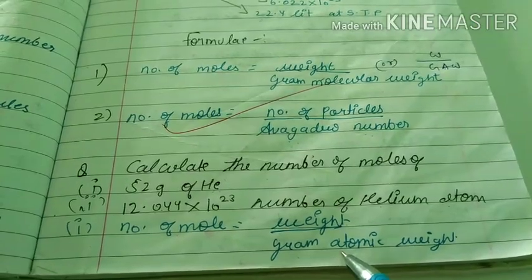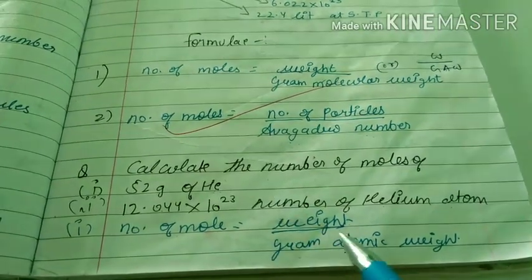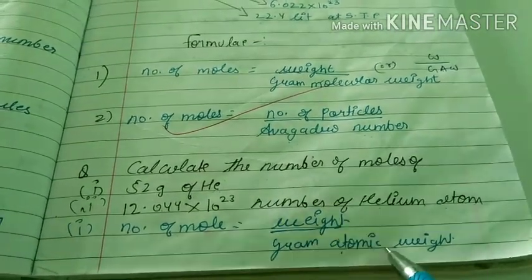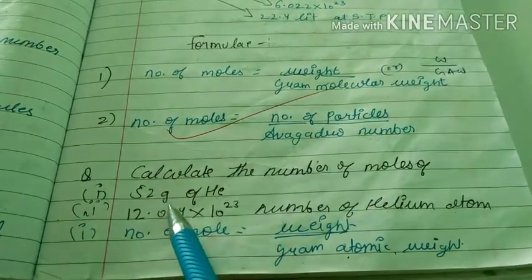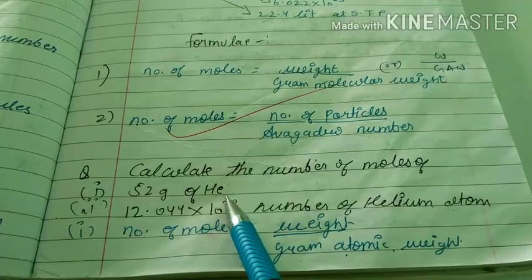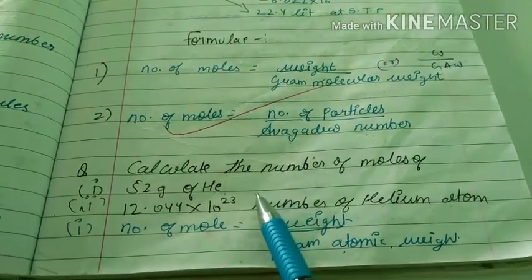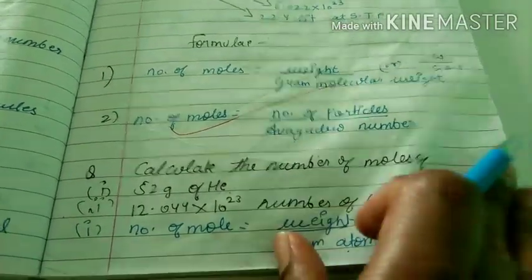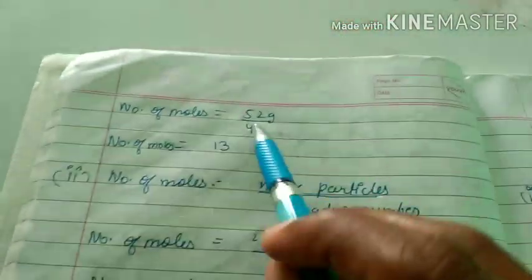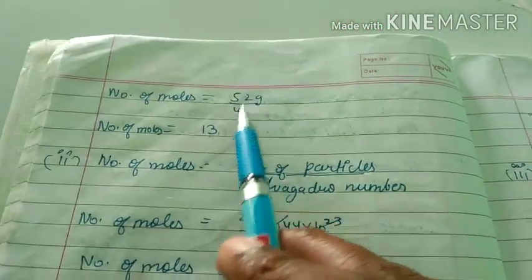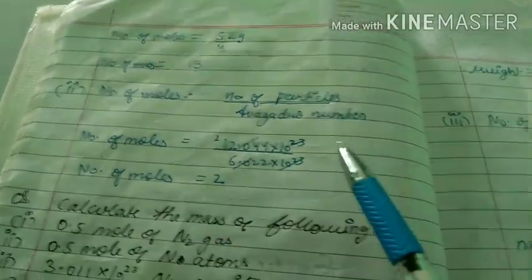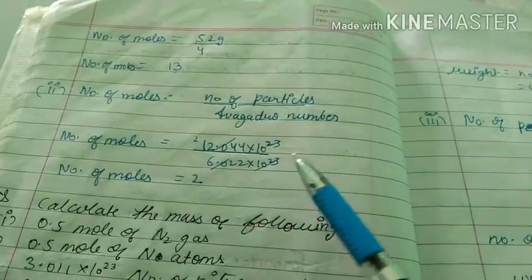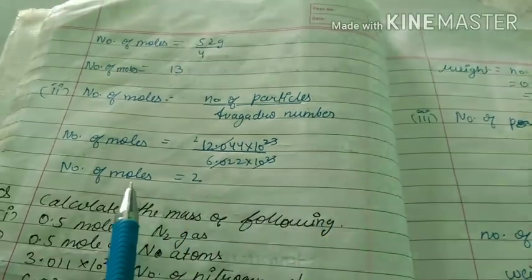We know the gram atomic weight of helium is 4. 52 by 4 is 13. That means the number of moles of 52 grams of helium is 13 moles. That's all. Very simple. If you understand the formula, you can calculate it very easily.